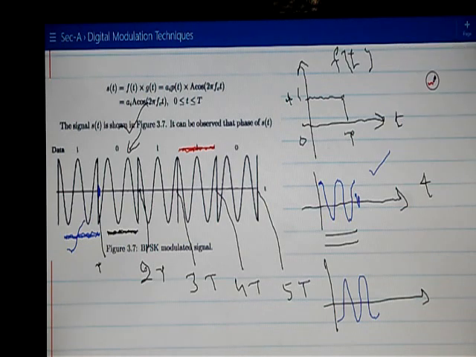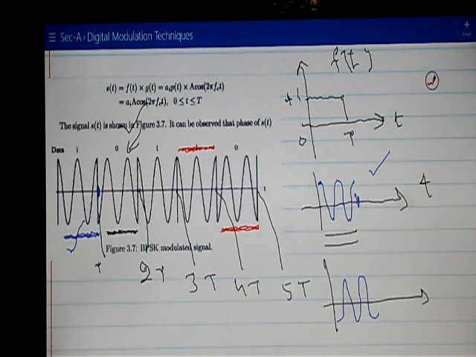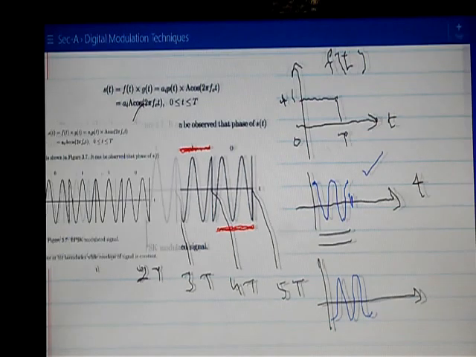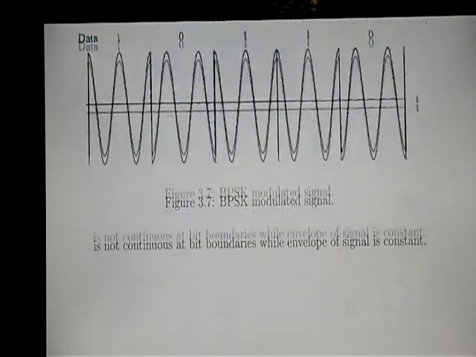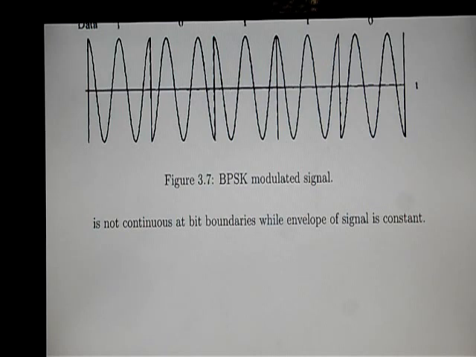And the next again is minus a cos of omega ct, so from 4t to 5t, again a negative 1 is multiplied, and this inverts the signal over the vertical axis. So you can see this modulated waveform, which is a BPSK modulated signal. So this is how we get a modulated carrier.